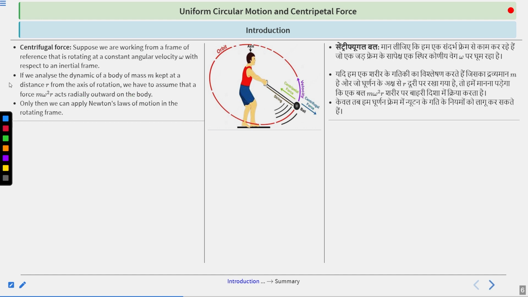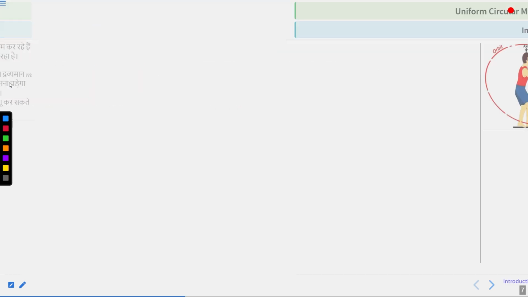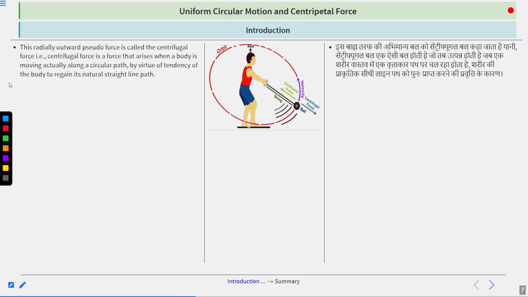Only then can we apply Newton's laws of motion in the rotating frame. This radially outward pseudo force is called the centrifugal force. So the force that acts on an object moving in a circle, radially outward, is called the centrifugal force or the pseudo force.